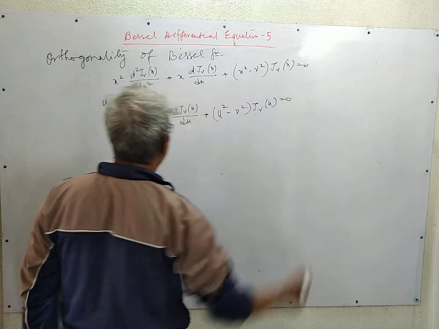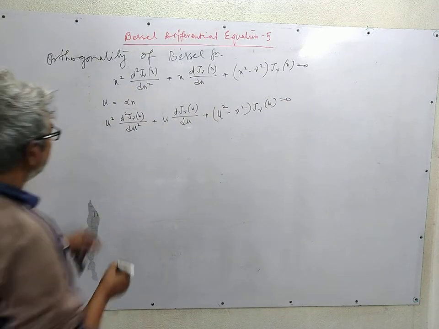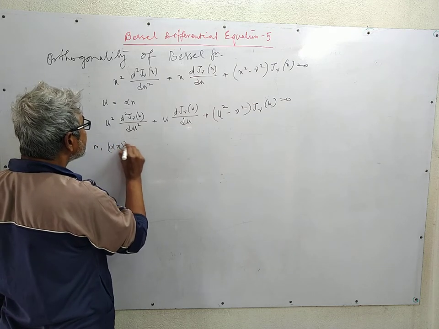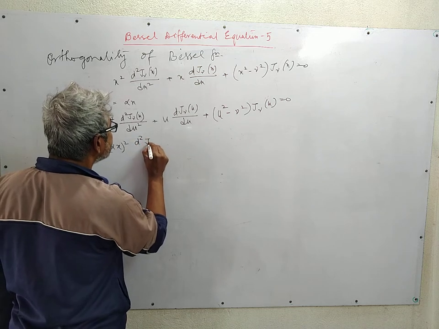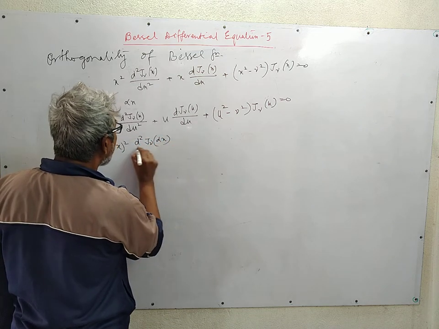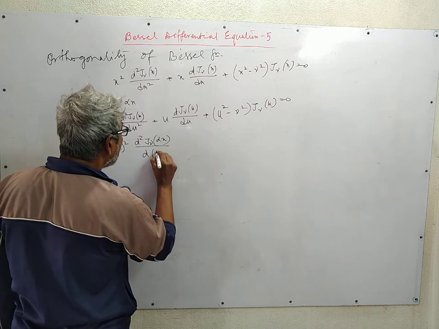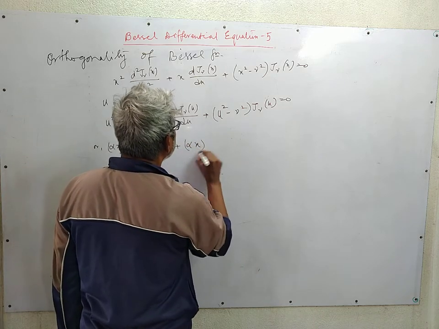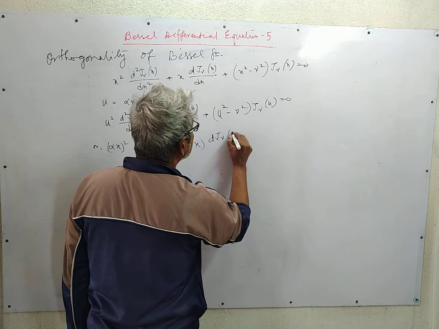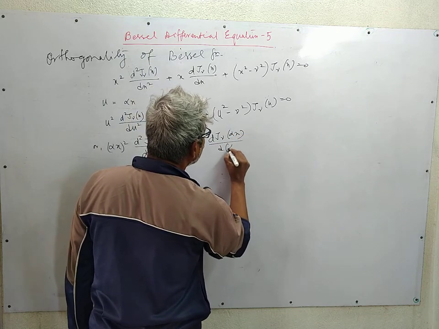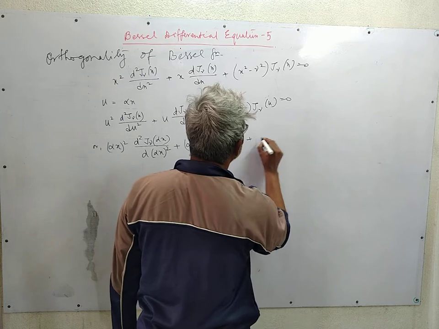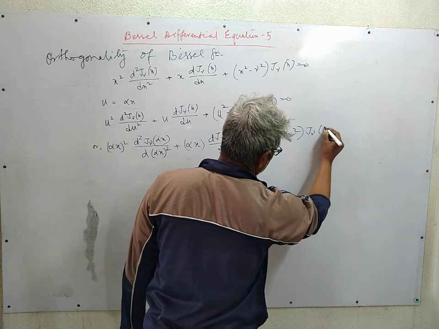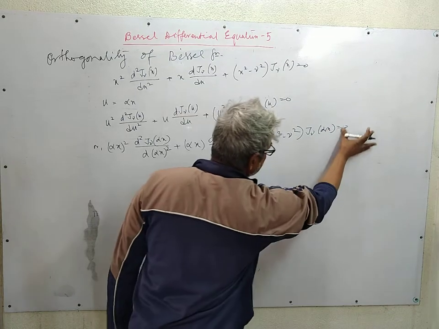Now we use the value of u, so this becomes alpha x whole square, then alpha x for u, this is equal to 0.